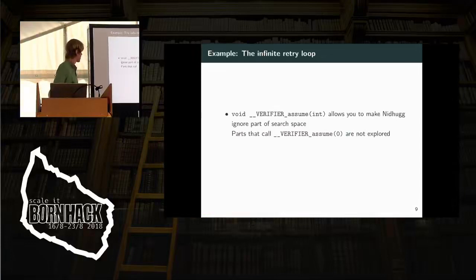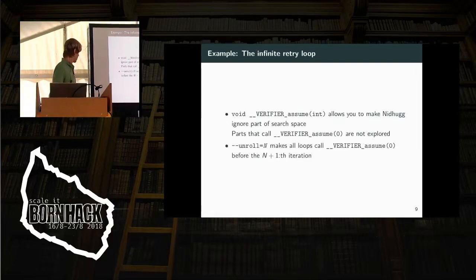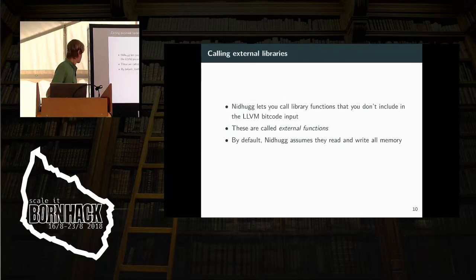You either use verifier assume, and basically cut off a part of the tree that Nidhugg builds of different orders you can explore, or you use the unroll flag and prevent loops from going further than a certain point. So that's it about the limitations of these techniques.